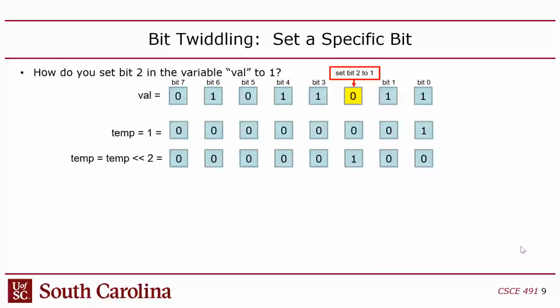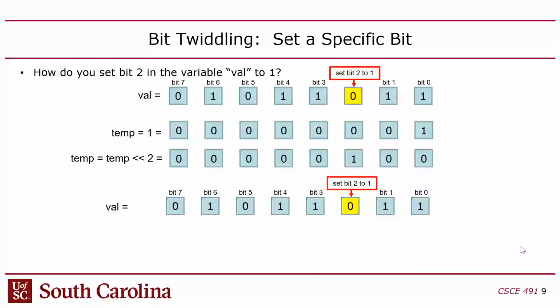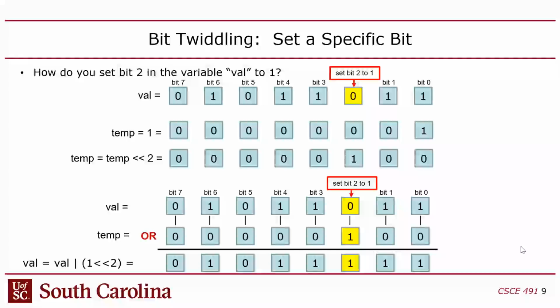So I do the shift, and then once you do that, you take the original value, which is val, and this temporary value, which is a 1 shifted by 2 bit positions to the left, and you do a bitwise OR, which in C is a single bar, not a double bar, right? Single bar.